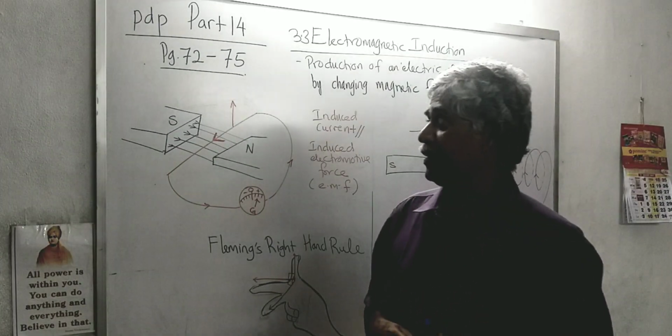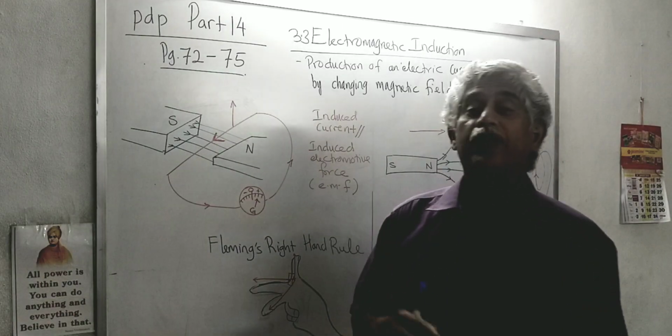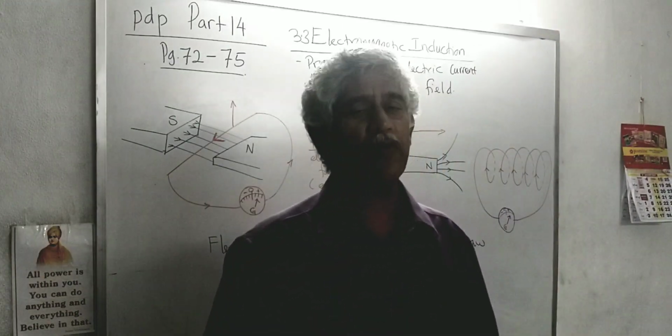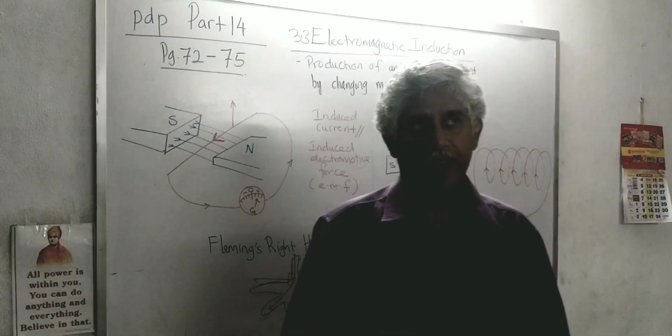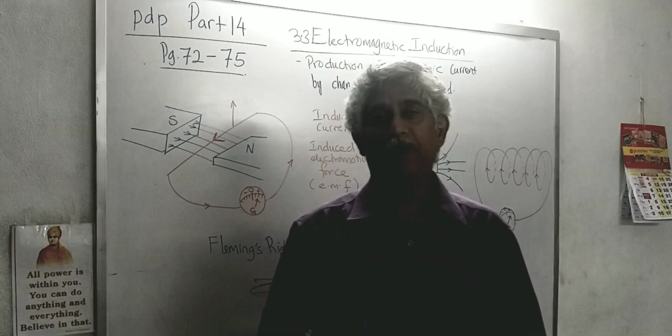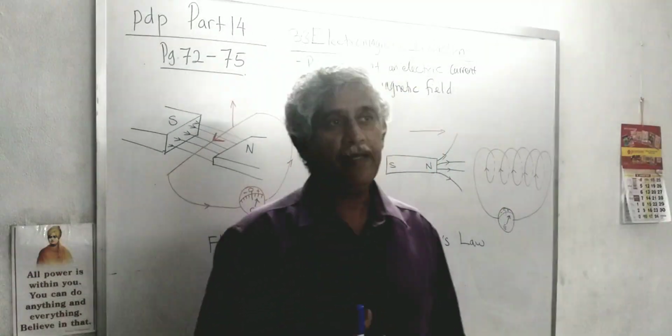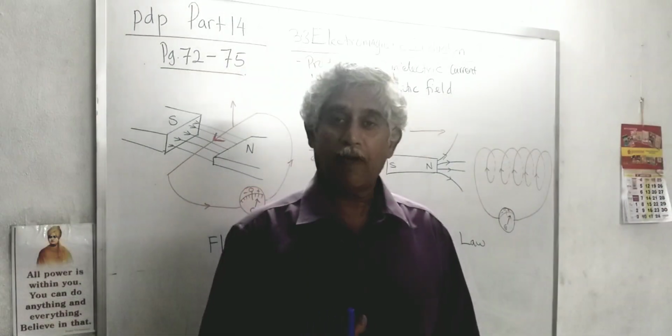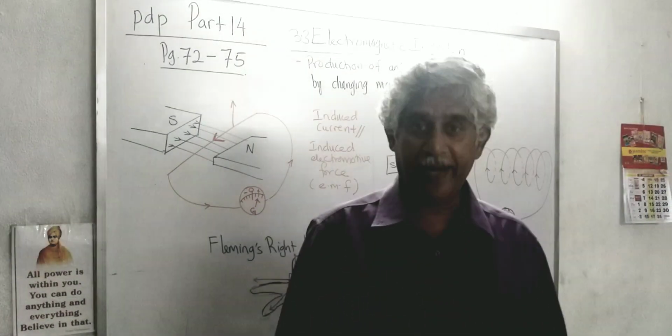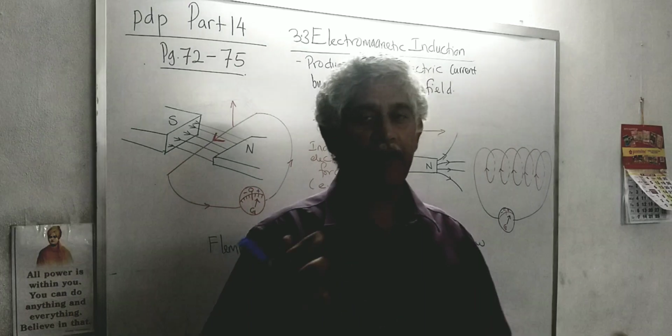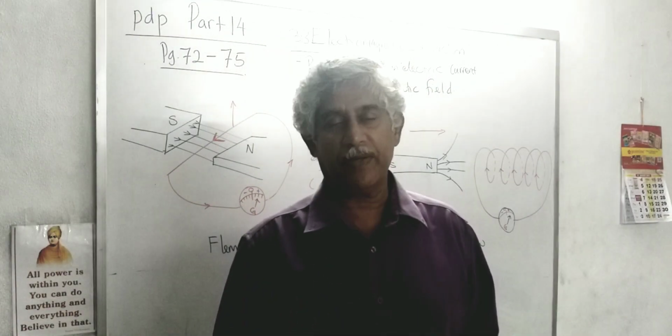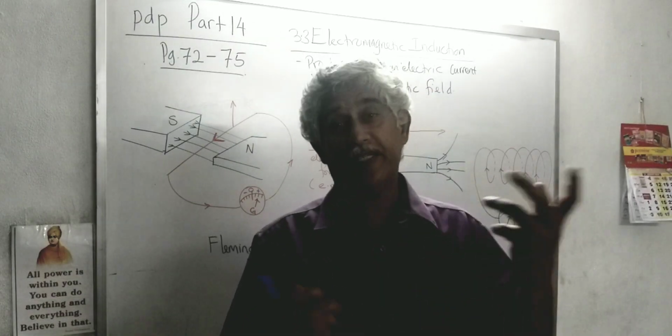For today's lesson, we are going to see how to produce current, which is quite an important process, because before this invention, we only got current from batteries, dry cells. A dry cell cannot produce a lot of current because it is limited, and it is also a direct current.